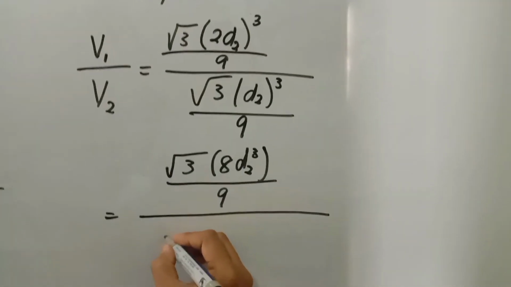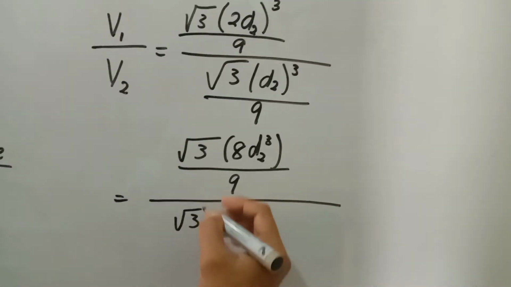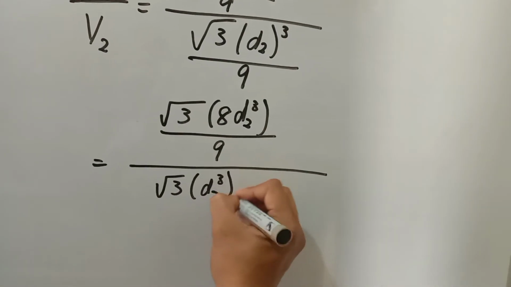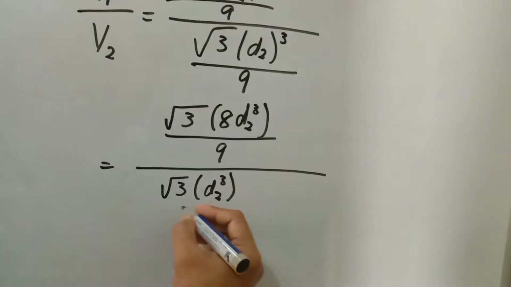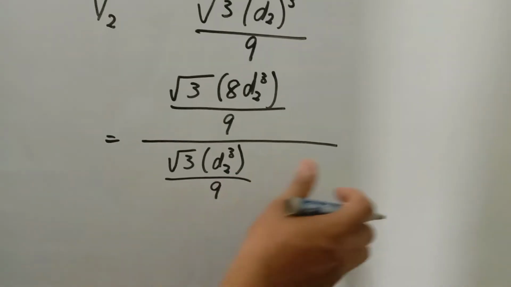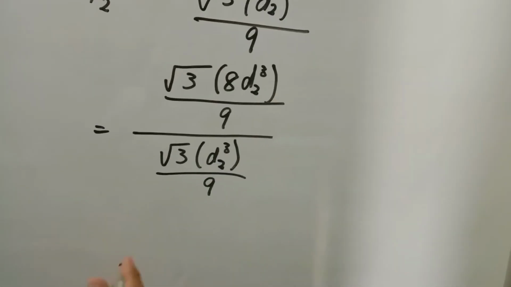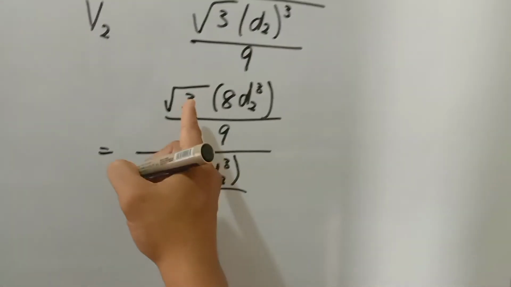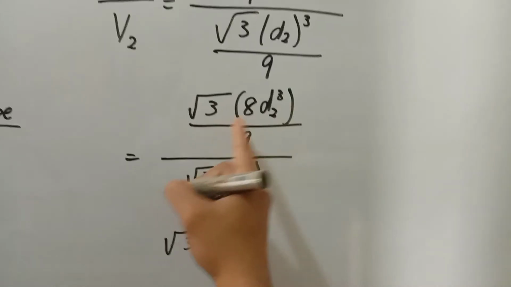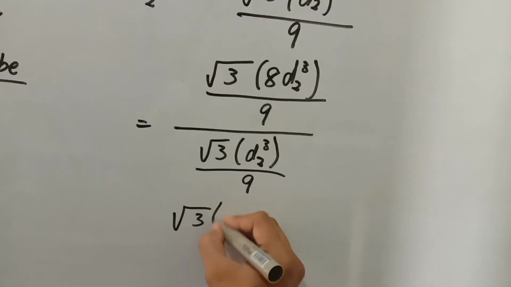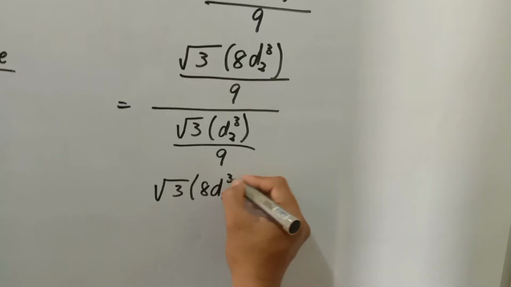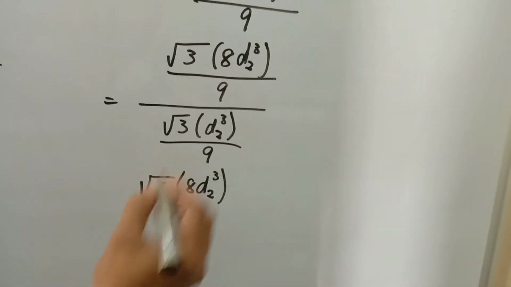Square root of 3 times D2 cube over 9. Now to simplify further, this expression is equal to square root of 3 times 8 D2 cube over 9.